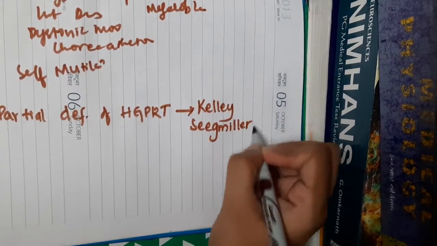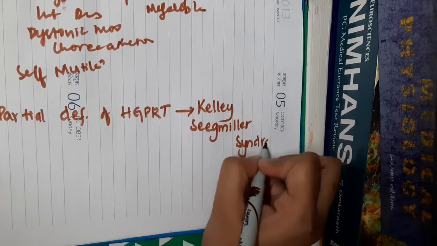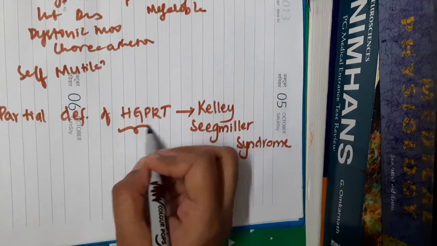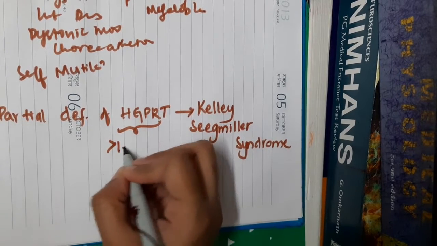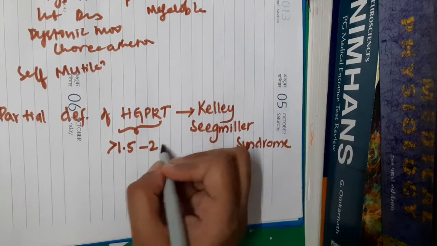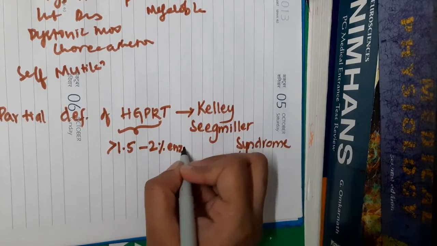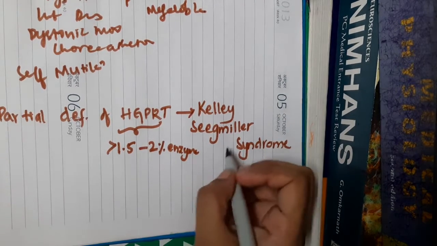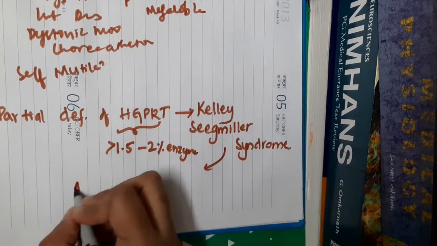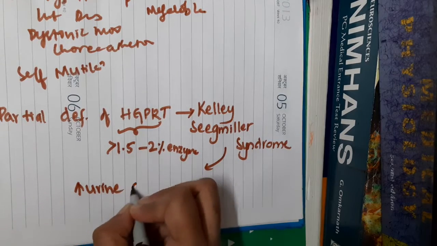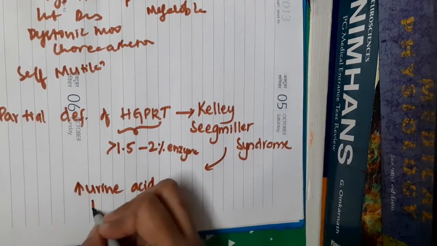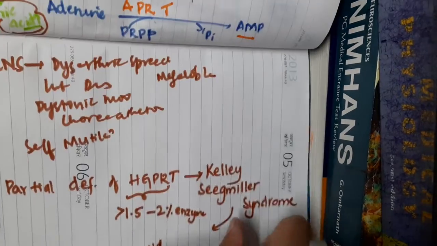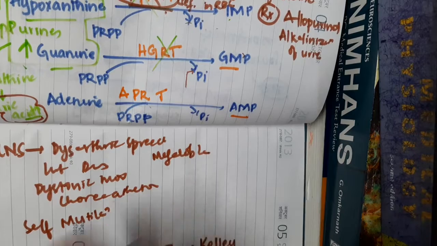In Kelley-Seegmiller syndrome, there is partial deficiency of the enzyme, and as a result, more than 1.5 to 2% of the enzyme is present in this syndrome. So here the patient suffers from increased uric acid, and neurological dysfunction will be present, but this dysfunction will not be as severe as that of Lesch-Nyhan syndrome.